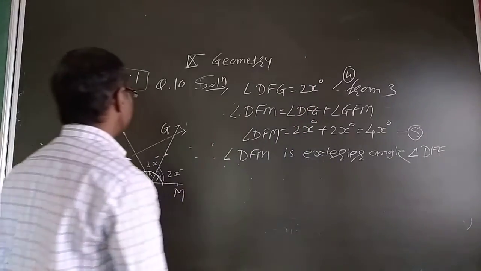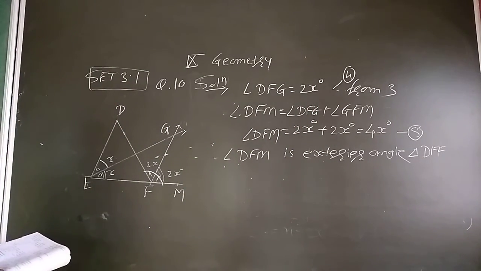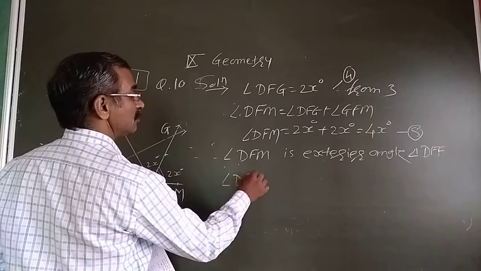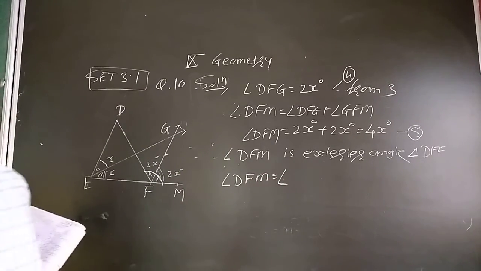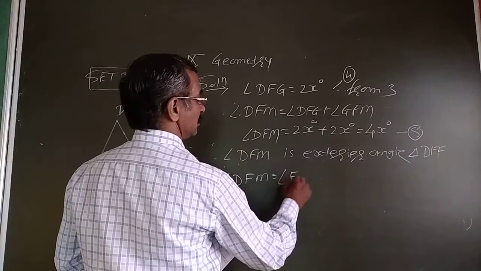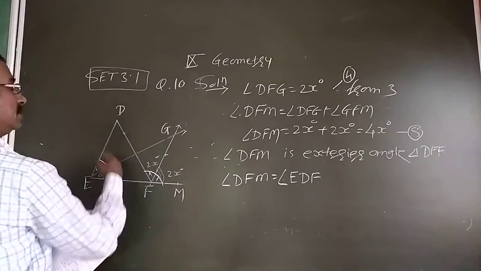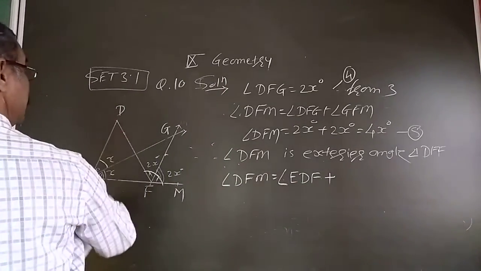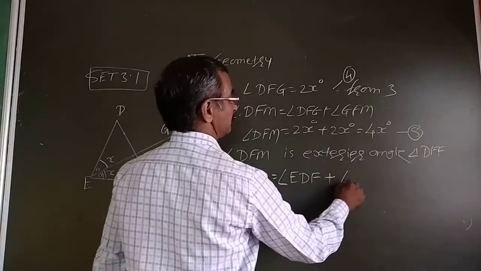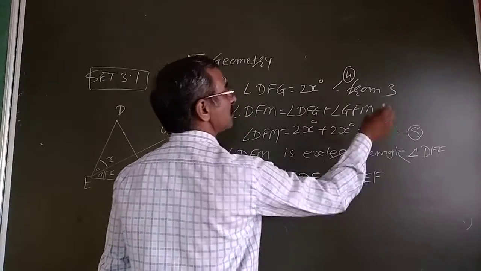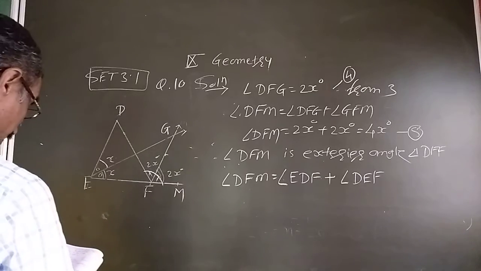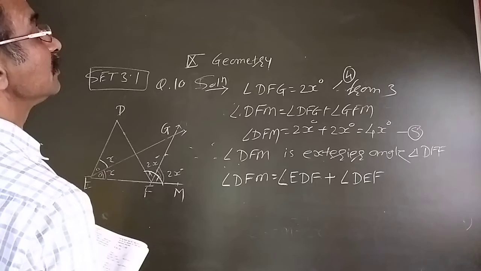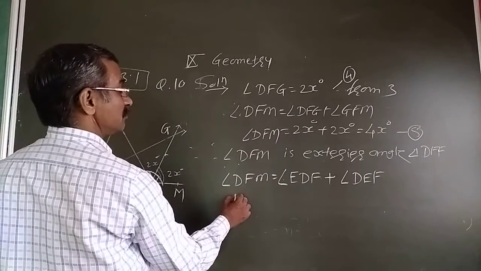So by the remote interior angle theorem, angle DFM is the sum of the two remote interior angles, which are angle D and angle E, means angle EDF plus angle DEF. So we obtain from equations 1, 2, 3, 4 and 5.